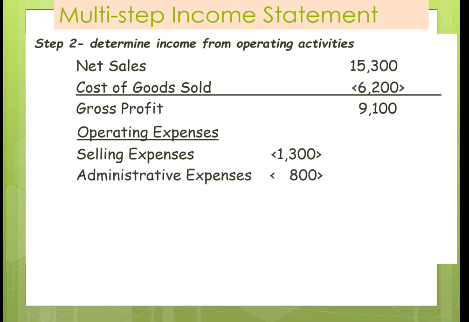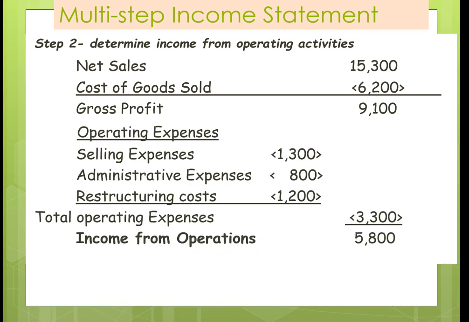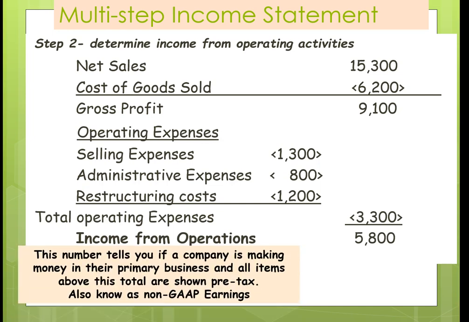Then we subtract our other operating expenses, and now we have income from operations. This number tells you if a company is making money in their primary business, and all items above this total are shown pre-tax. This is also known as non-GAAP earnings. A lot of companies like to focus on this and ignore the next section, which is other.